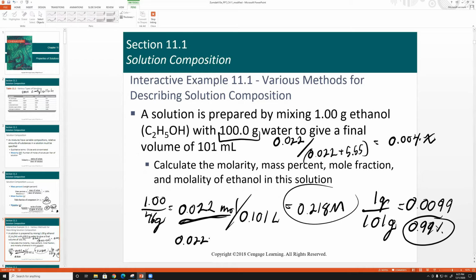And sometimes you have that when you have water involved because the density of water is about 1. So the milliliters will equal the grams. If that's the case, then usually the molarity and molality will be very similar. And it's going to be moles per kilogram equals 0.218, and we use lowercase m for molality.